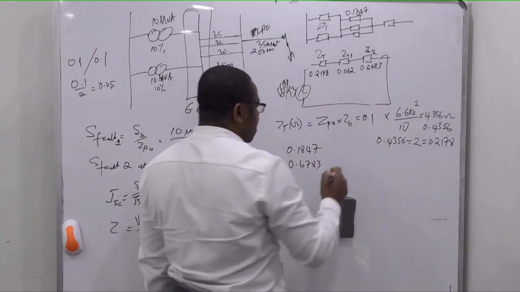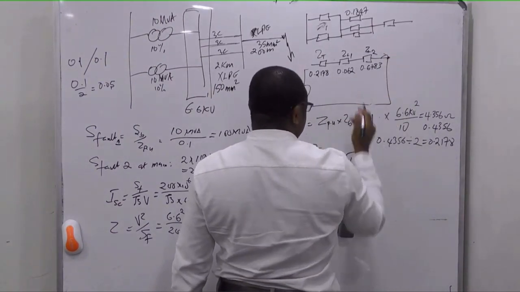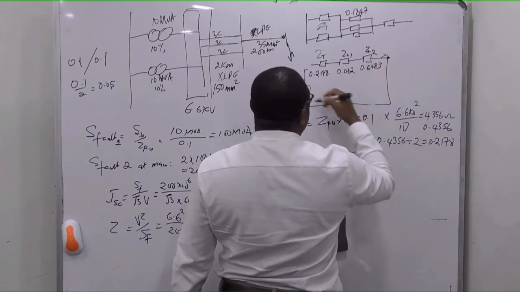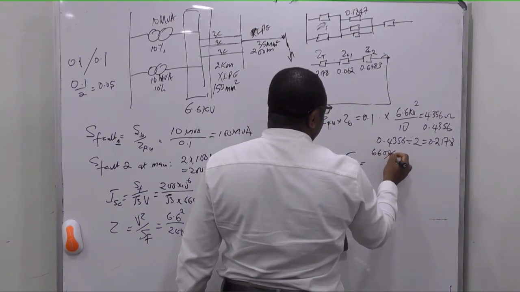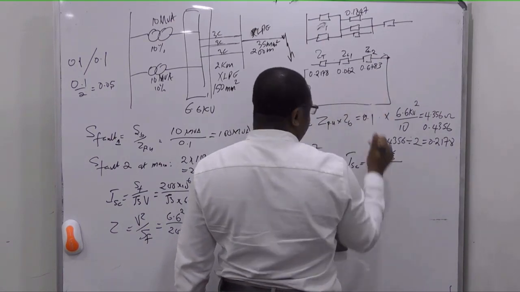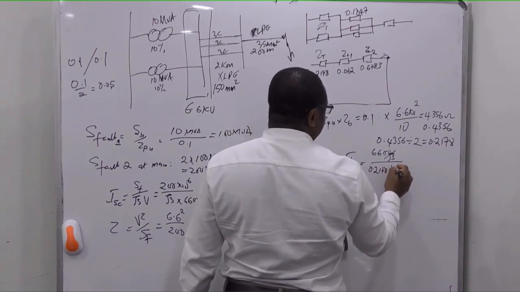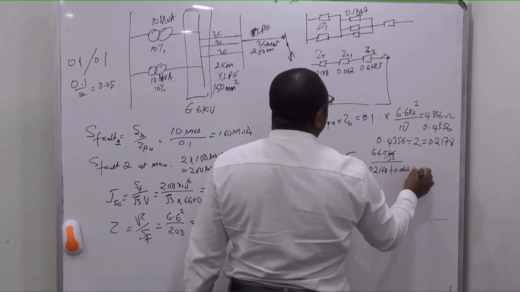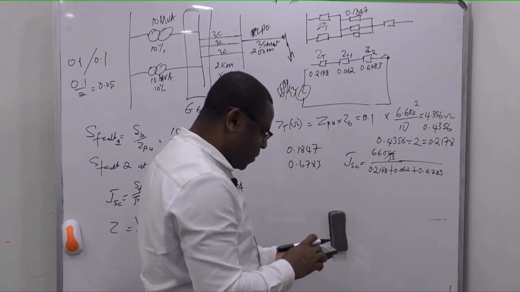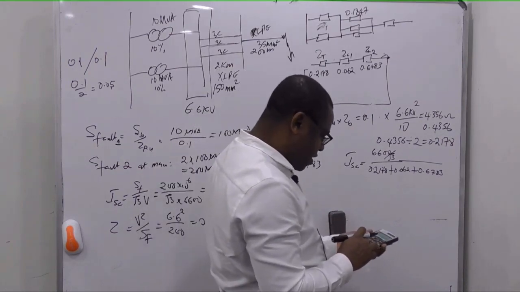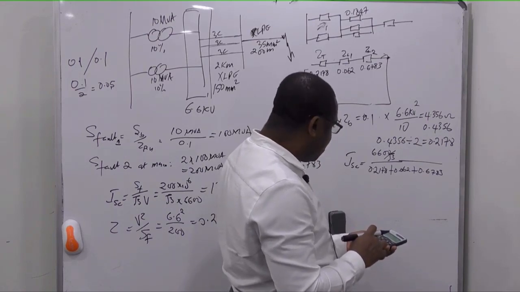So if you want to calculate I short circuit here, the current flowing through here will now be 6,600 over root 3 divided by all these impedances: 0.2178 plus 0.062 plus 0.6783.